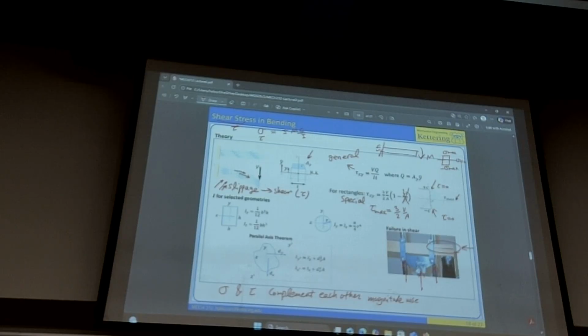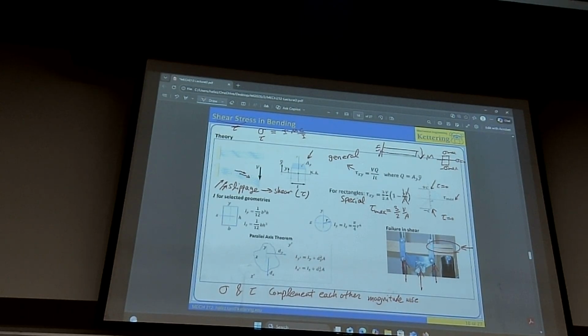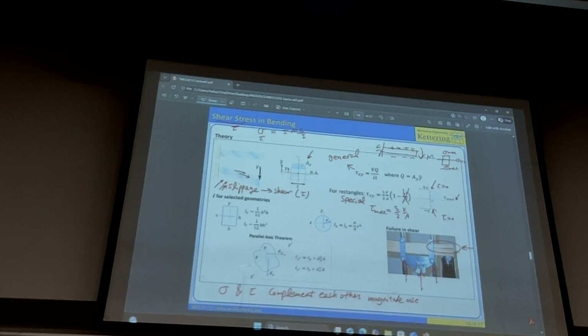That means if one is 0, the other one could be plus or minus sigma max. Whether it's minus or positive, you have to do the usual analysis. You're pushing down on it, it bends downward, the top face is positive, the bottom face is negative. This is something that we already went over.